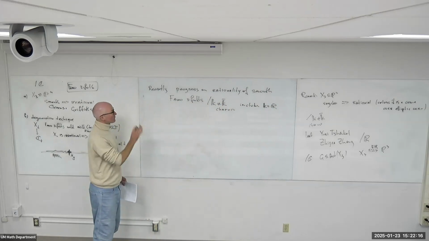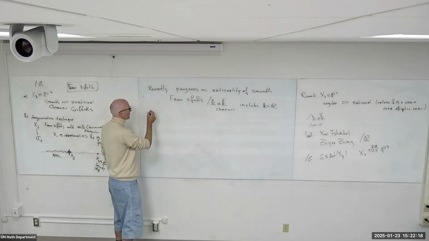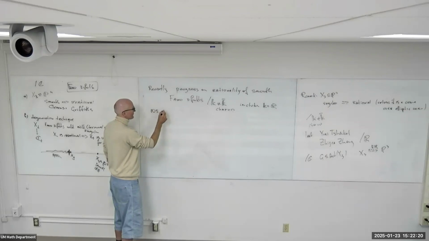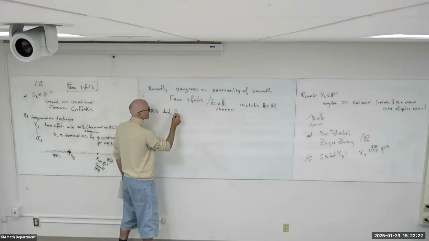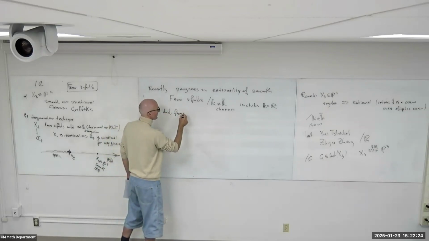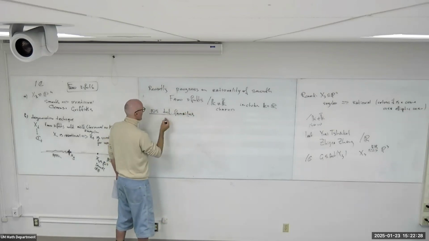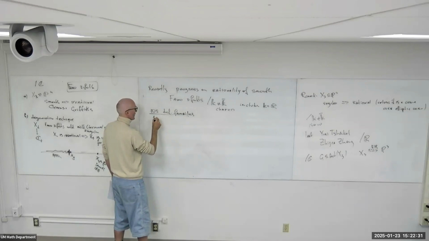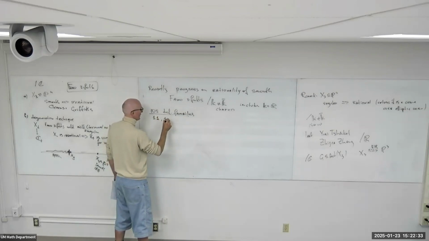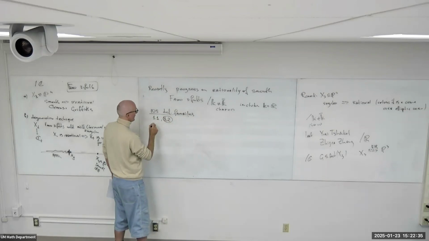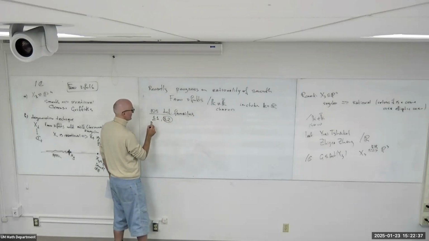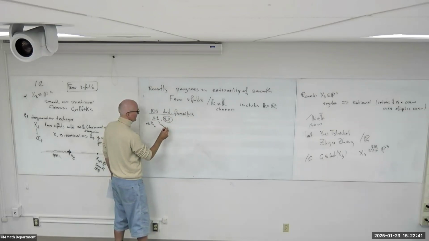Let me remind you that we have 105 deformation families of smooth Fano threefolds, usually labeled like, say, 1.1, 1.2. This is the Picard rank, and this is just a number.